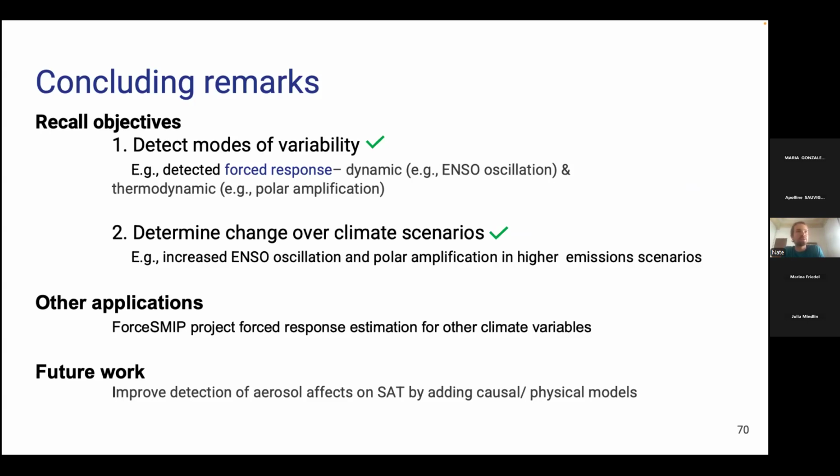So that was good. Some of the future work with dynamic mode decomposition with control and similar methods is to improve detection of the aerosol effects on surface air temperature, specifically by maybe adding causal or physical models, or maybe incorporating some nonlinear formulation of dynamic mode decomposition with control.